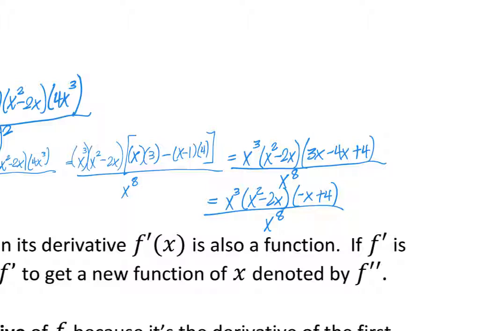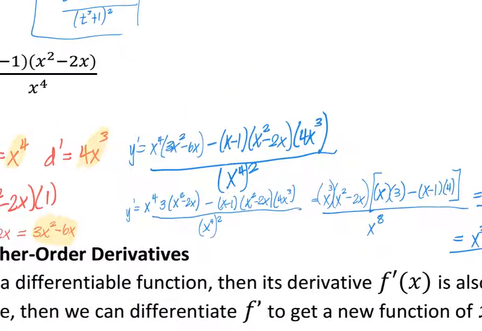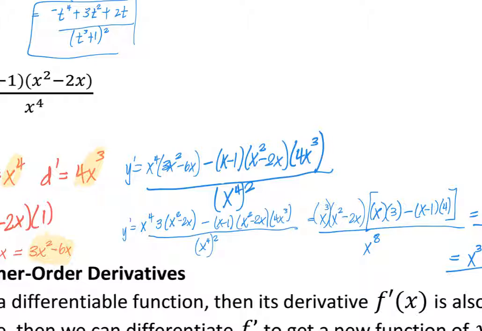But before I do that, I do notice earlier when I took out, let's see, I took out a 3 from the 3x squared minus 6x. Could have also taken out an x, right? They both had an x in common.